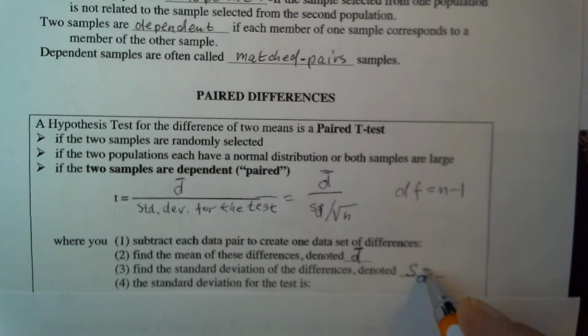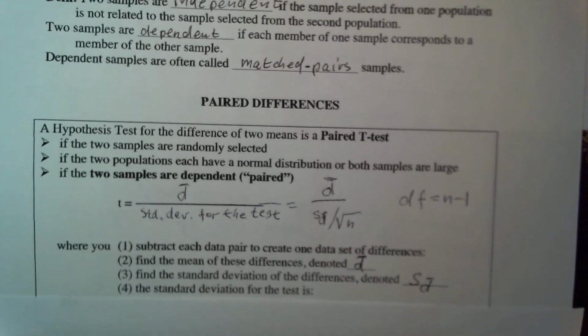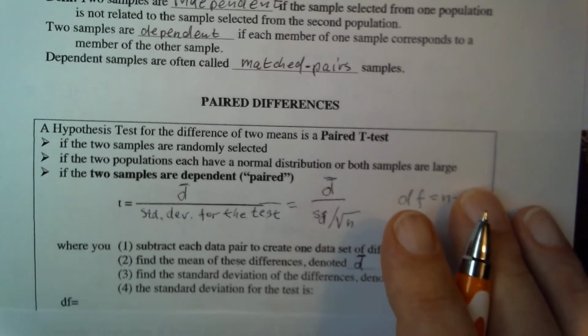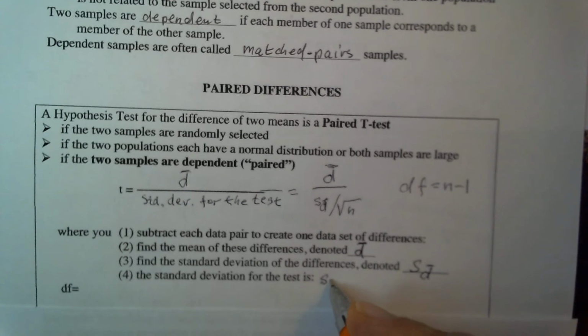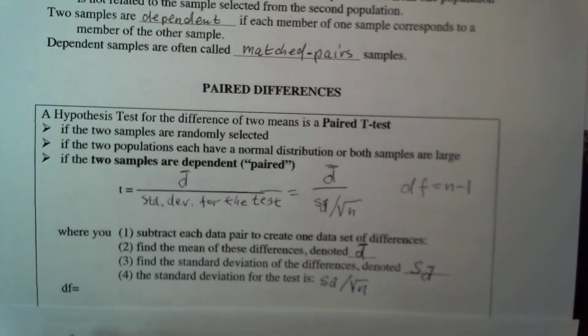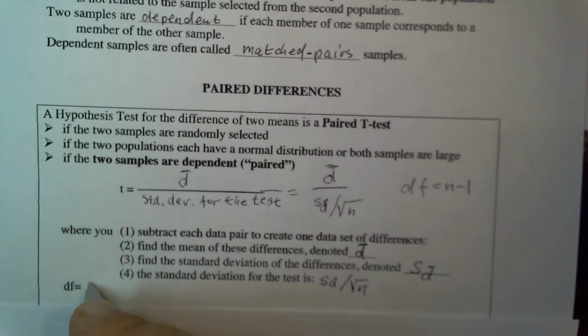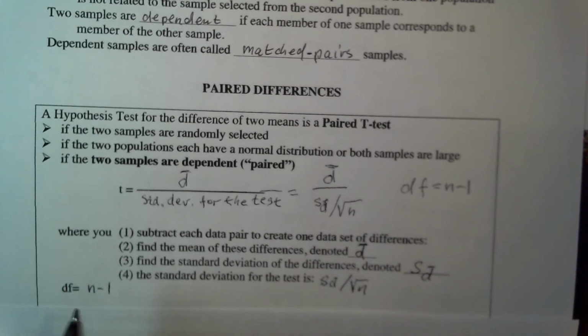And then the standard deviation for the test is s sub d bar divided by the square root of n. Again, degrees of freedom is n minus 1.